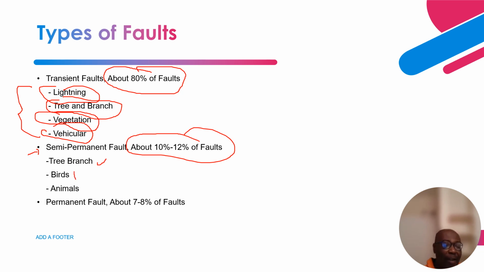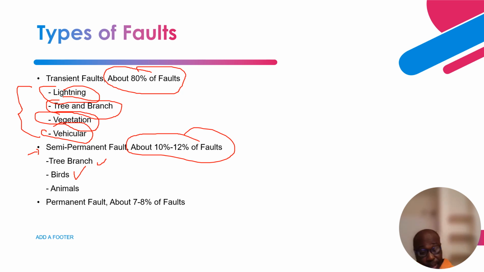You can also have birds, right? Especially birds that have wider wings, that can bridge phase-to-phase conductors and cause a semi-permanent fault. And sometimes, when they get electrocuted, due to their wings, they either fall or change positions.